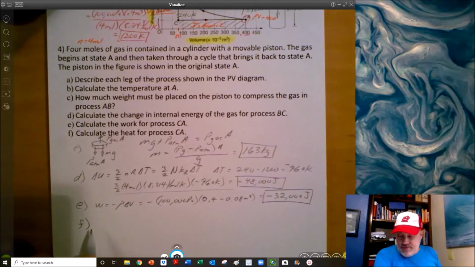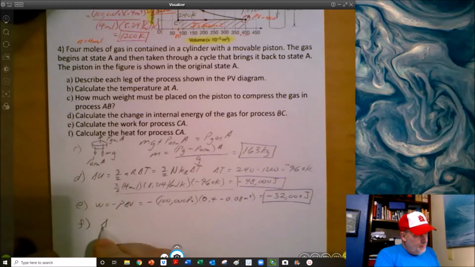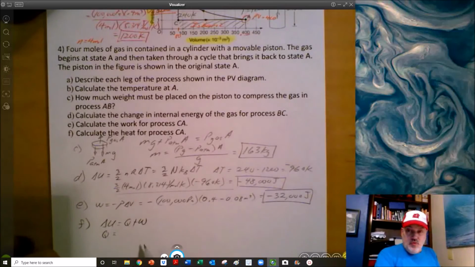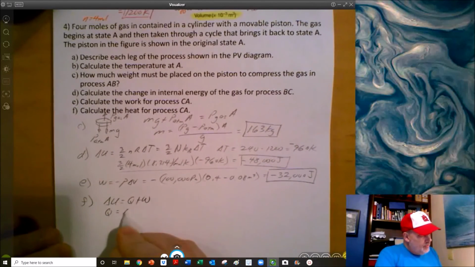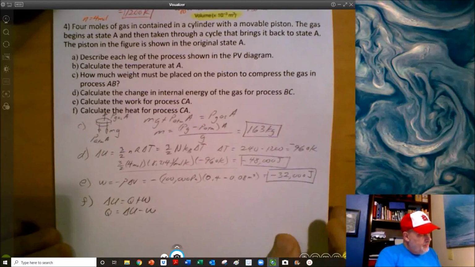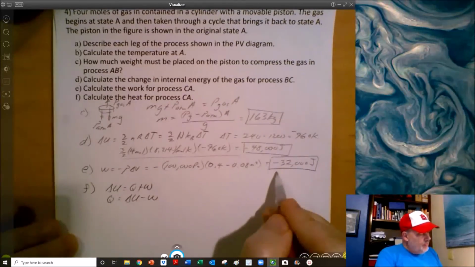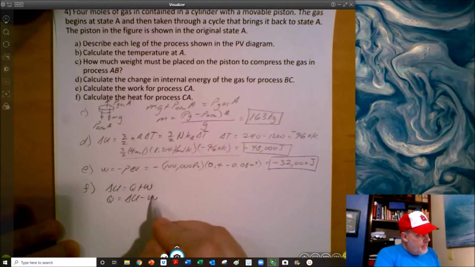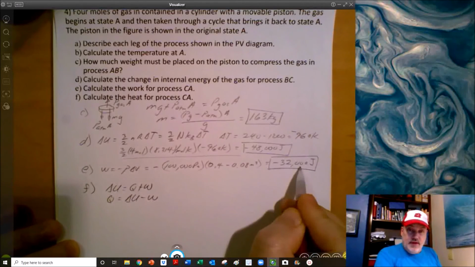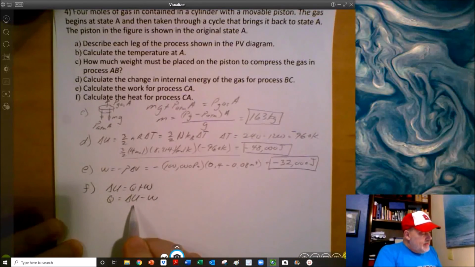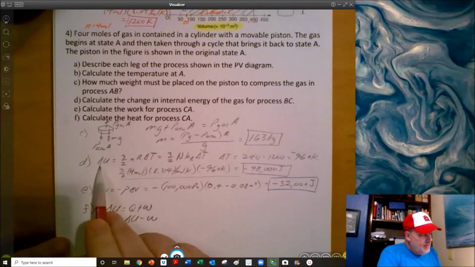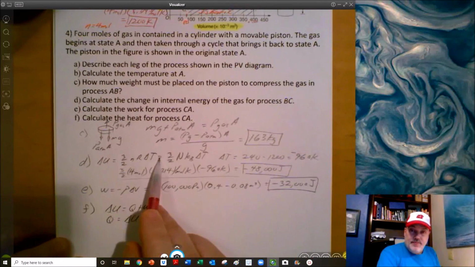Part F says, calculate the heat for process CA. All right, so delta U equals Q plus W. So Q would equal delta U minus work. We just found out what the work was, so we can plug that in. This number is going to be the negative of this, so that's going to be positive 32,000. But delta U we can find doing this process up here again.